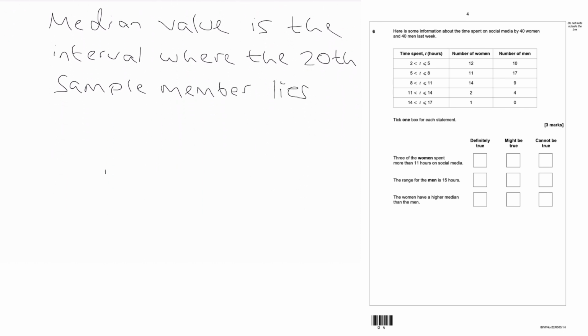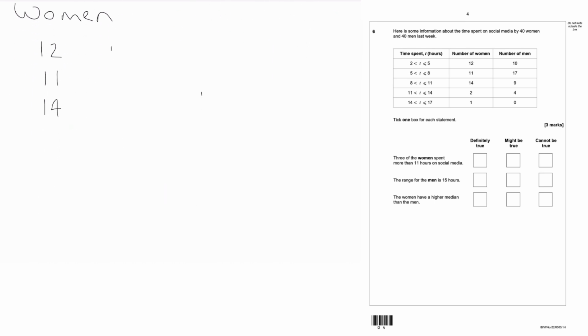So what we want to do is take the cumulative frequency for the women and for the men. Cumulative frequency means we just take a running total so far. So for the women, I'll quickly just write down the values. So we have 12, 11, 14, 2 and 1. So we start with 12.